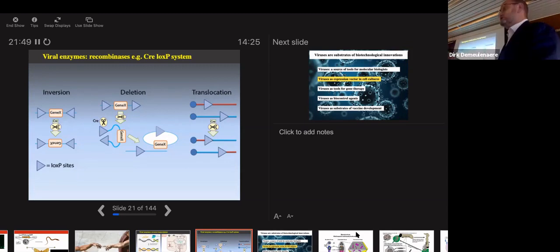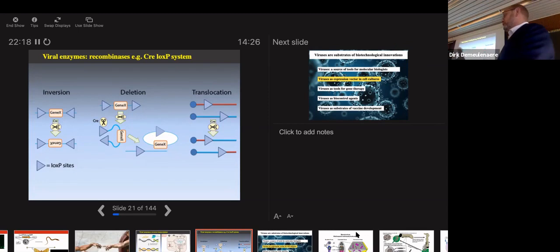If you flank a gene with two identical loxP sequences in opposite direction and you induce Cre, you will switch the orientation of your gene, which can be very useful to switch on or off based on the promoter that you put on the left side. If the two sequences are in the same orientation, you will induce a deletion. This is what you use to knock out a gene after development.